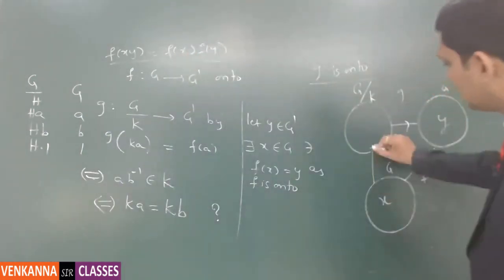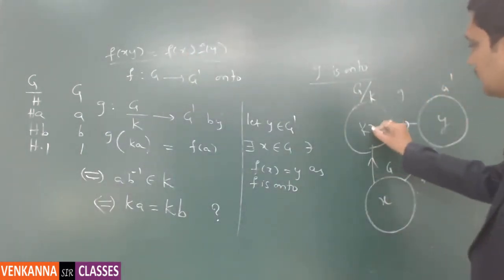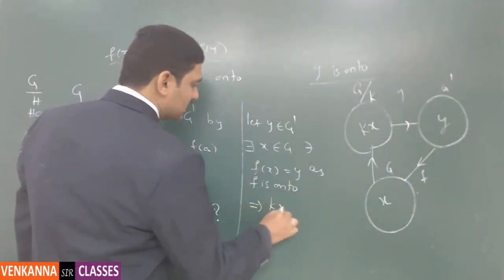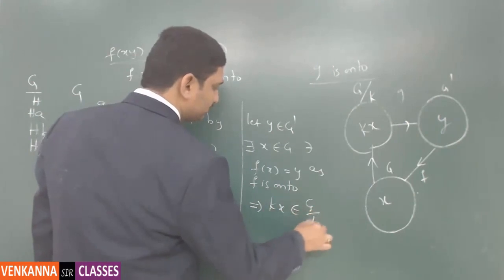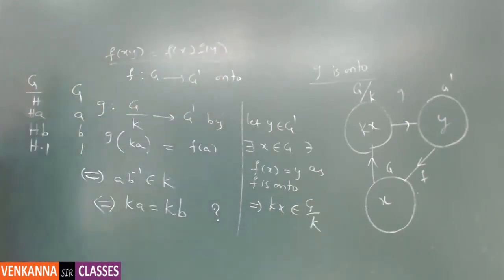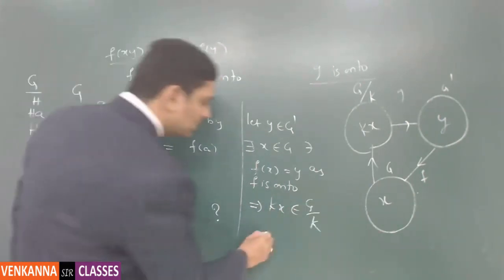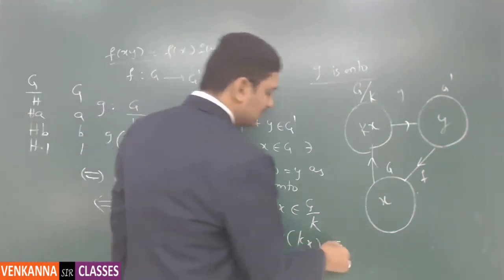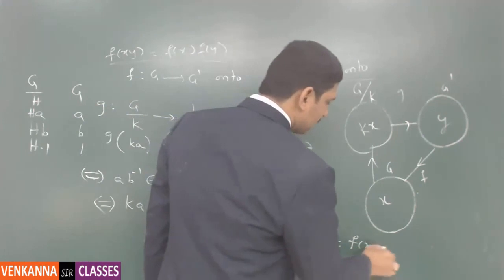So here the quotient is kx. So this implies kx belongs to G by K. Therefore, if you consider G of kx, it is nothing but f of x, it is nothing but y.